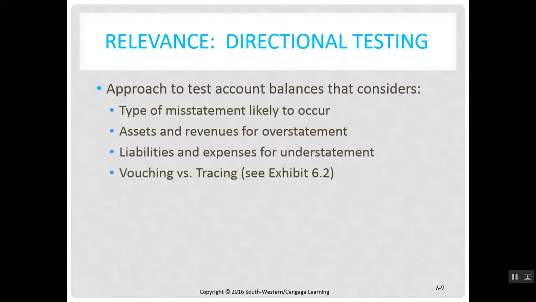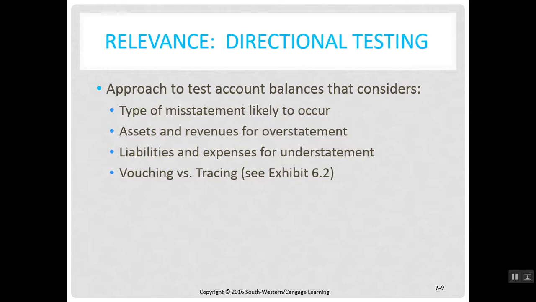One of the things that's important to look at for relevance is not only the assertion that you're testing, but also the direction of the testing. Okay? So one of the things that we look at when we're testing an account balance is we need to consider the type of misstatement that's likely to occur. So for assets and revenues, we're basically testing for overstatement of those. We're less concerned if they're understated.